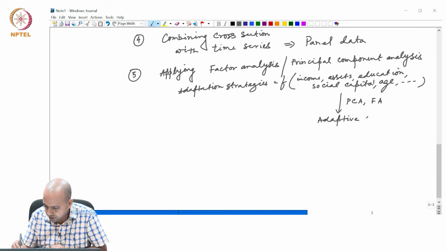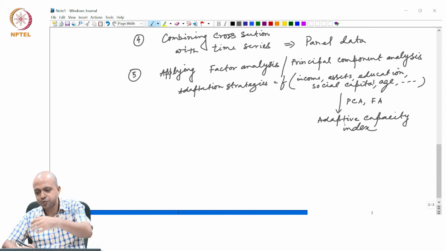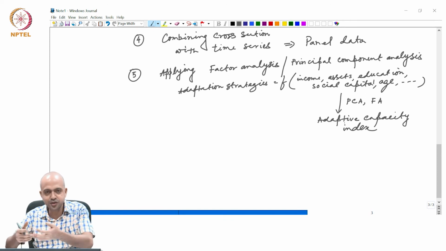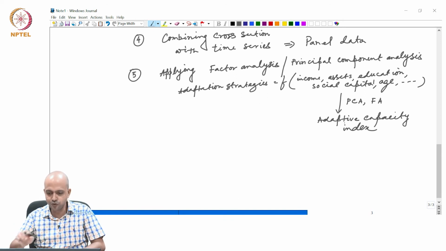So, instead of using all the variables, you will apply principal component analysis or factor analysis. Here we will identify the important factors out of those, and then we will construct some kind of index.